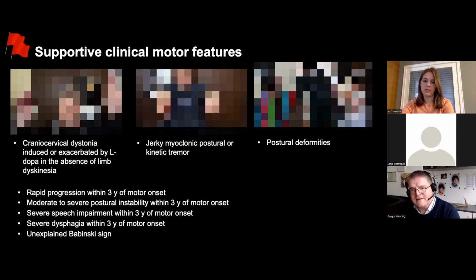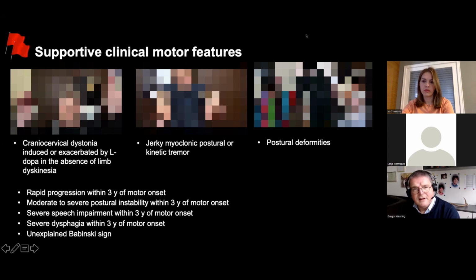It's also touch sensitive, and a range of postural deformities that are shown here. Anterocollis, this is the Pisa sign or Pisa syndrome, and these are contractures here of the fingers and hands.